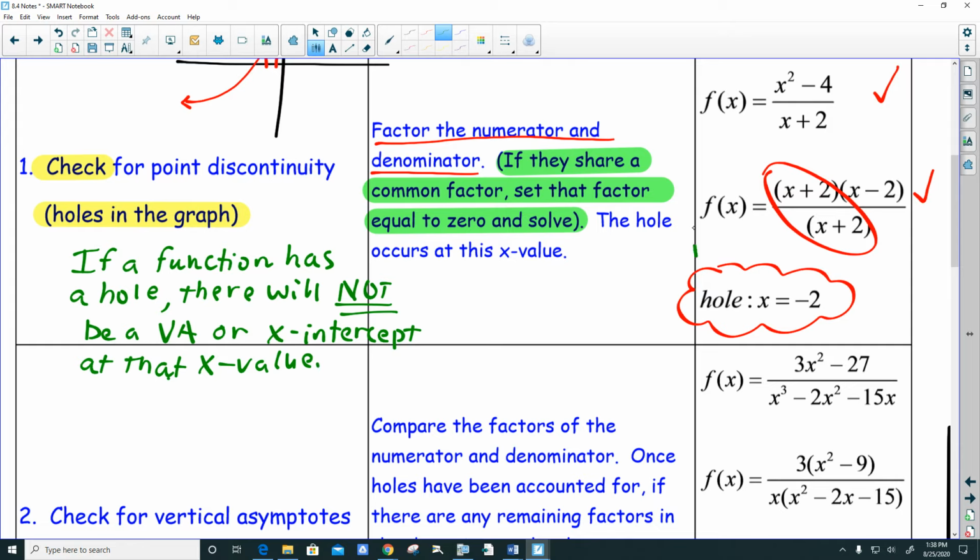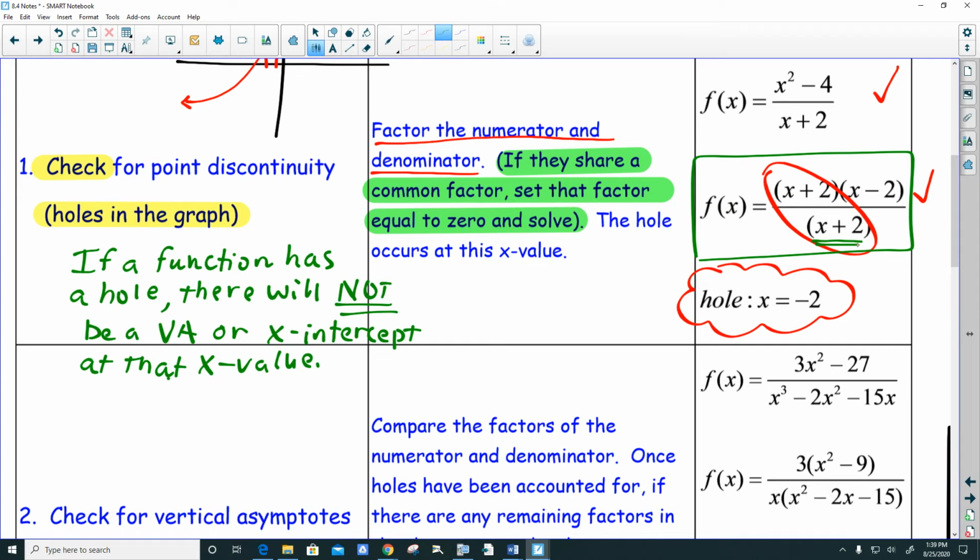So in this example that we just looked at, typically we say then that the vertical asymptotes are any factors in the denominator that have variables with them, which you can see there is a factor in this denominator. However, I used that factor up as a hole, so I would not say that there's a hole where x equals -2 and that there's also a vertical asymptote where x equals -2.